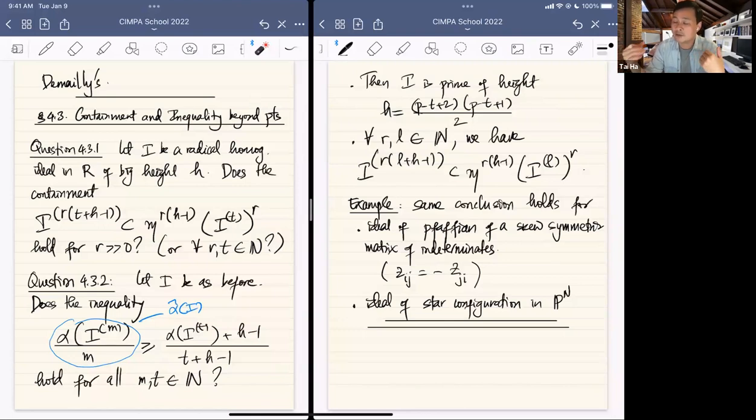So those will give us new bounds. And there are also known results in linear programming that talk about gaps between optimal solutions. We can also translate those back to new containments of powers of ideals.